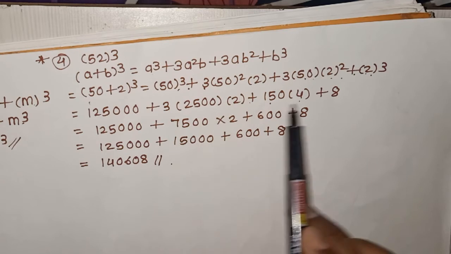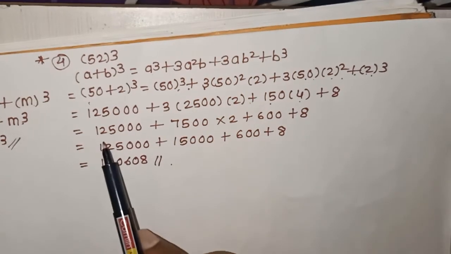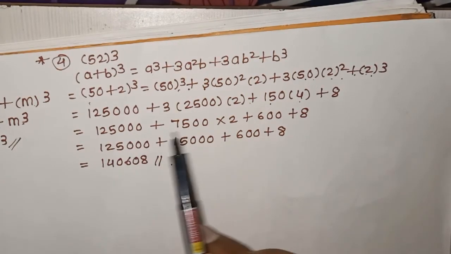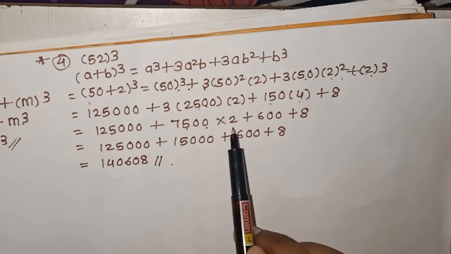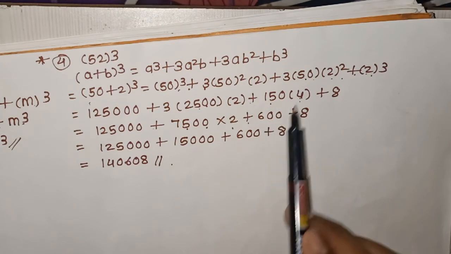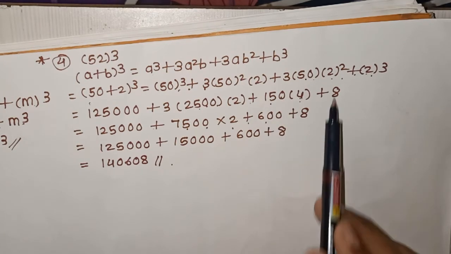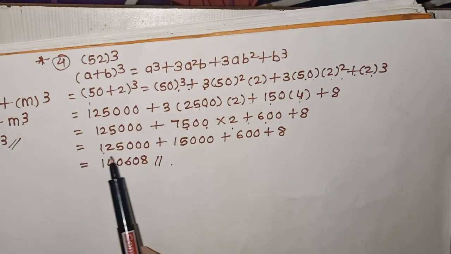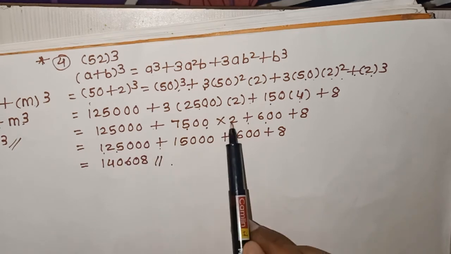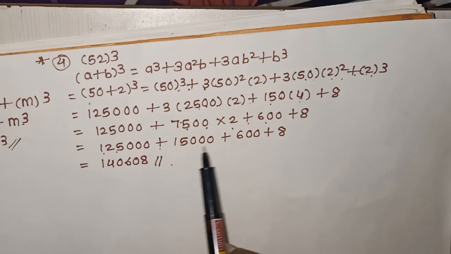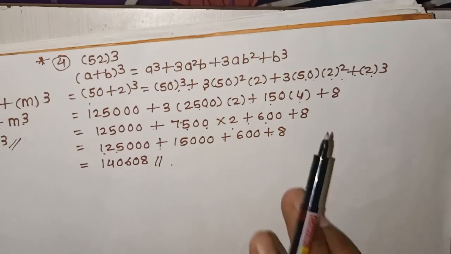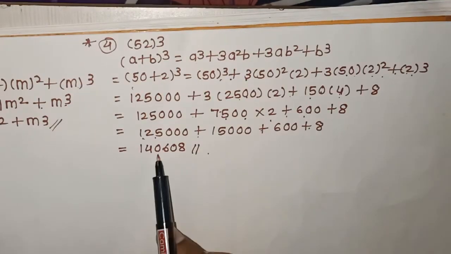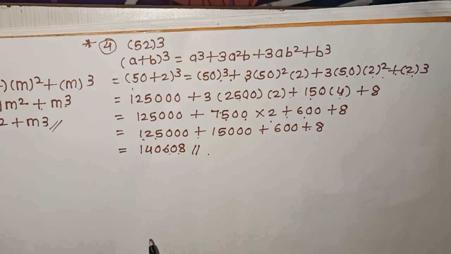Now solve these terms, we get 125000 plus 25 into 3 is 75 and 0 as it is, into 2, plus 15 into 4 is 60 and 0 as it is, plus 8. Now 125000 plus 75 into 2 we get 15000, plus 600, plus 8. While adding these terms we get 140608 as our answer.